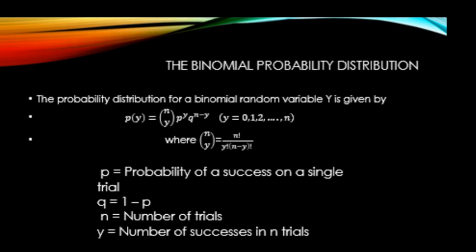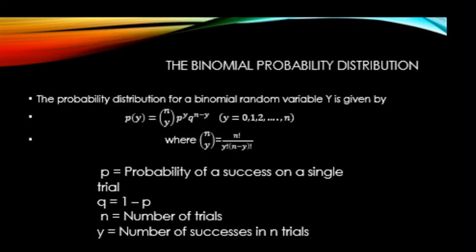Now the probability distribution of y can be given by this formula, and this is what we will use to find the probability of y successes in n trials. So let's say we flip the coin 10 times. What is the probability of 4 heads?